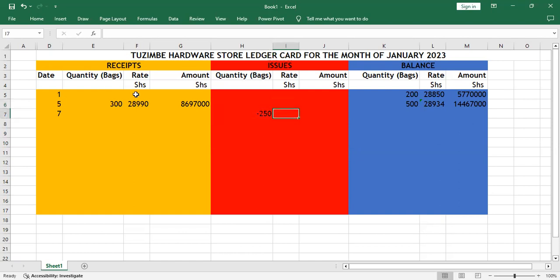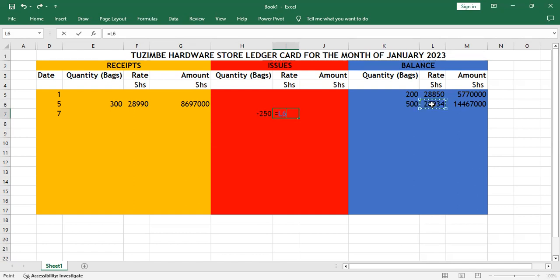We are saying that we have to assign a cost to these 250 bags we are issuing out, and under the weighted average method, we cost these units at their weighted average cost, which is 28,934.